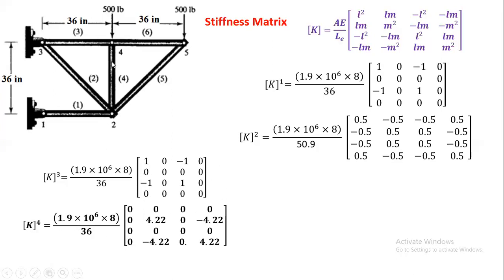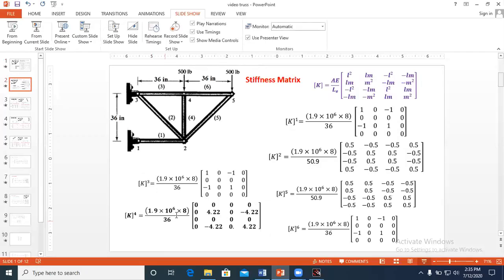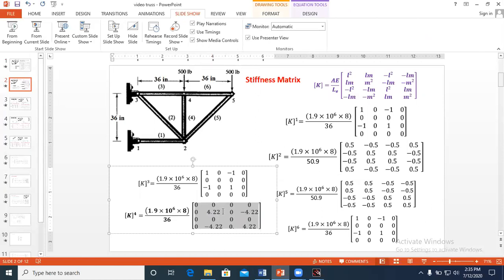Now fourth element is vertical. Sorry, this should not be there, here it should be 1. Okay, here it should be 1. I will make the modification here. Here it is 1. This one is also 1. Minus 1.